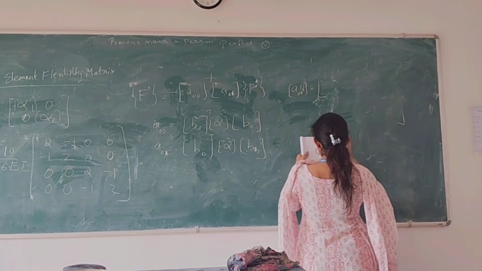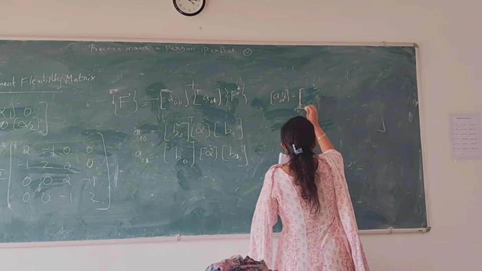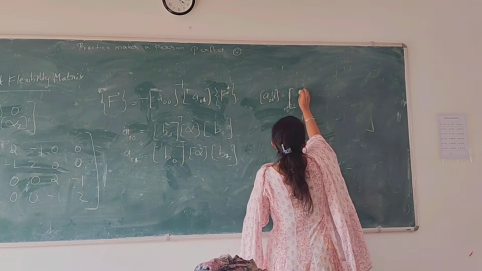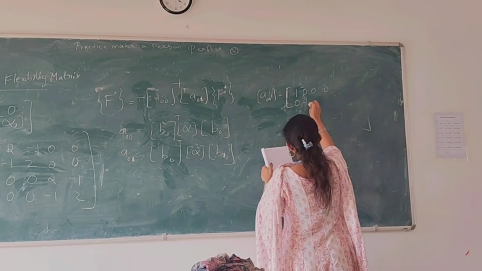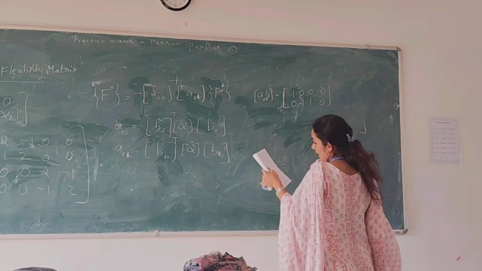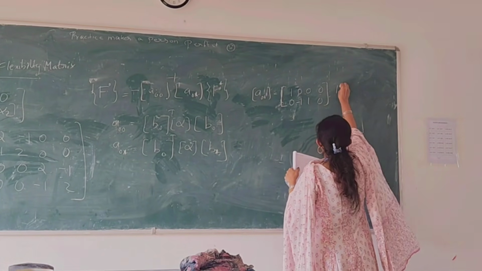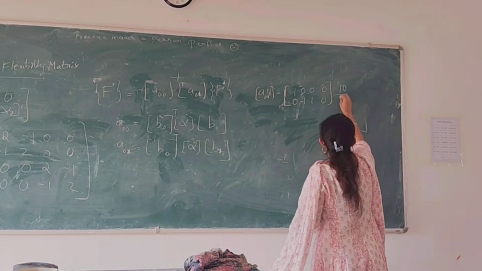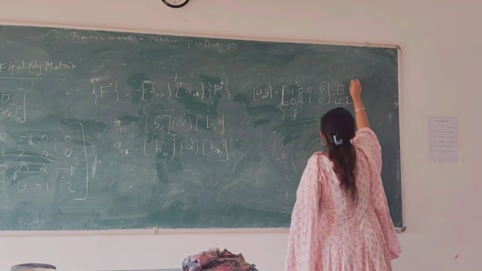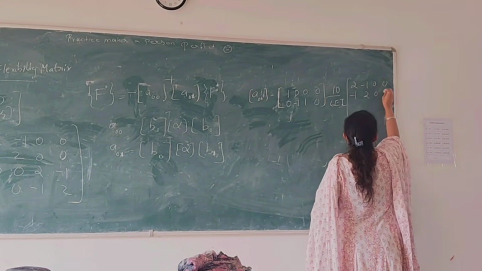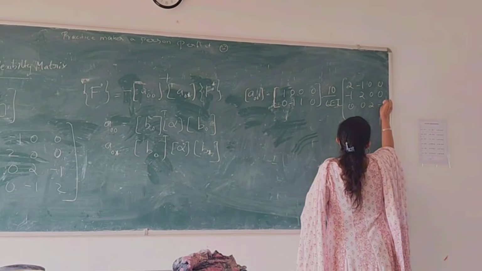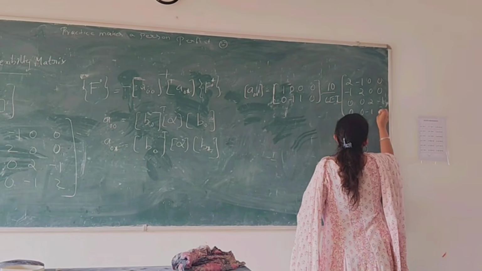So B naught transpose was, the rows will be becoming columns. So B naught transpose is 1 0 0 0 0 minus 1 1 0. So this is B naught transpose into alpha, right? Alpha is 10 by 6 Ci into 2 minus 1 0 0 minus 1 2 0 0 0 0 2 minus 1 and 0 0 minus 1 2.